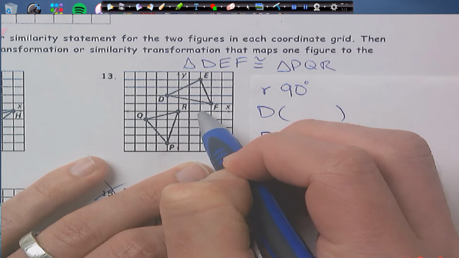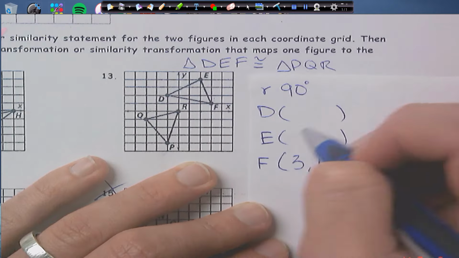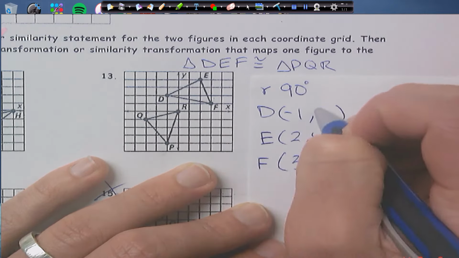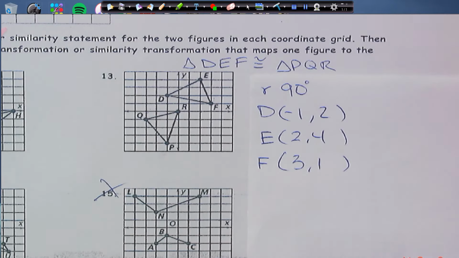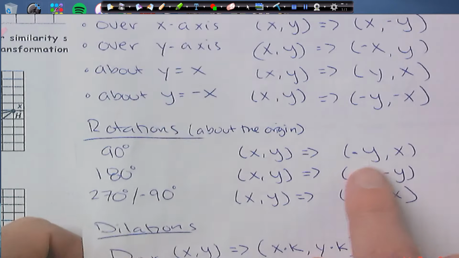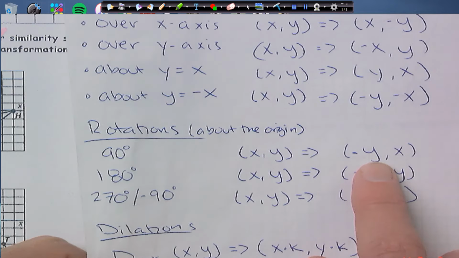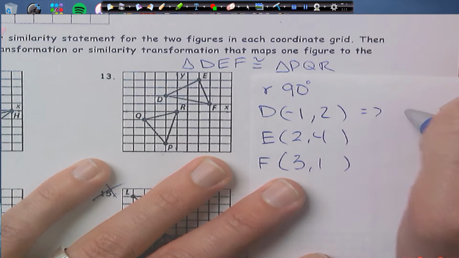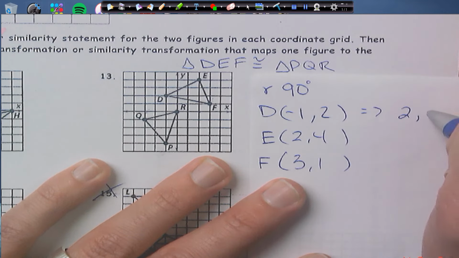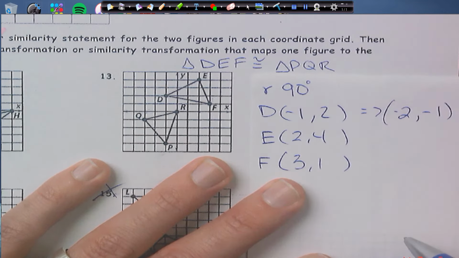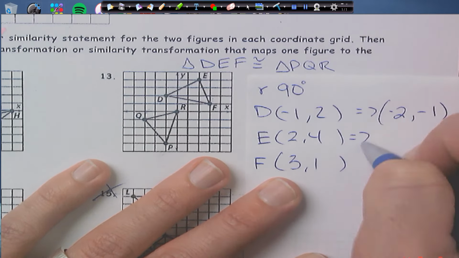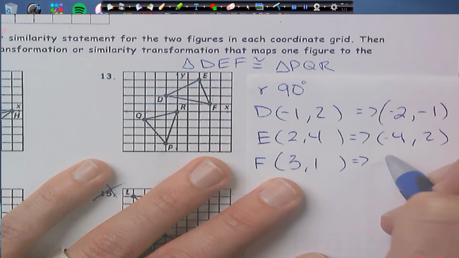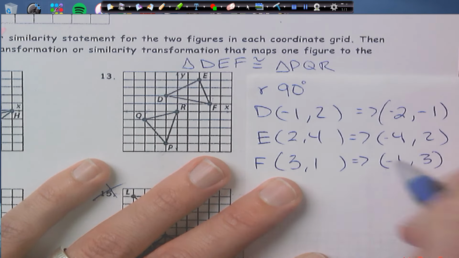We're going to get 2, 4, and D is at negative 1, 2. So rotating 90 degrees, I'm going to change the position and we're going to change the sign of the front number. So we're going to change the position, this becomes 2, negative 1, and the front's going to become negative. Change the position 4, 2, front's going to become negative. And 1, 3, the front's going to become negative.